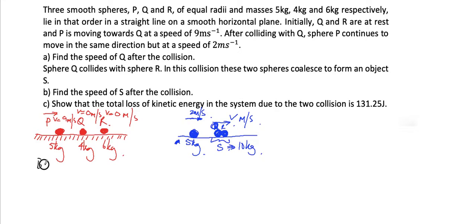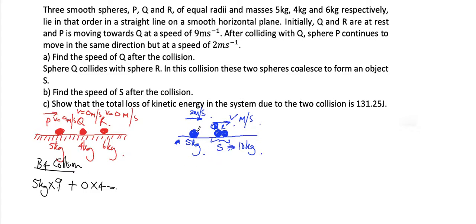This is before collision. So before collision we have 5 kg multiplied by 9, that's for P, plus for Q it's 0, so 0 times 4, that will just give us 0. And this is equal to after collision.